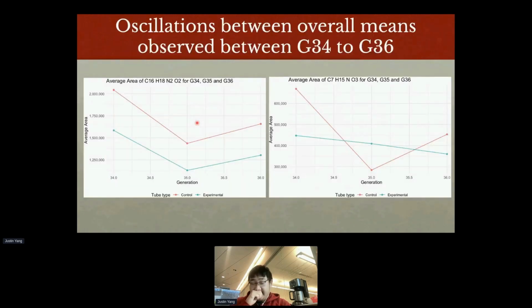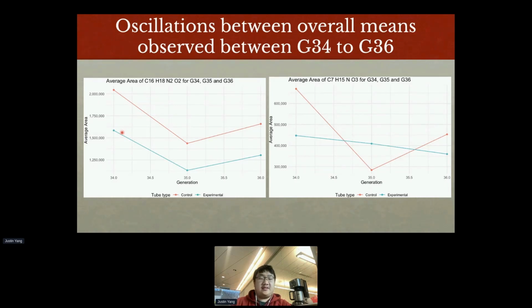Additionally, when graphed with the value in generation 35, we notice some oscillations between the overall means observed from 34 to 36. These oscillations are twofold.